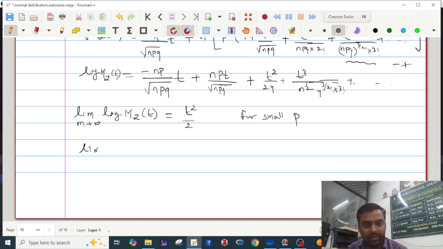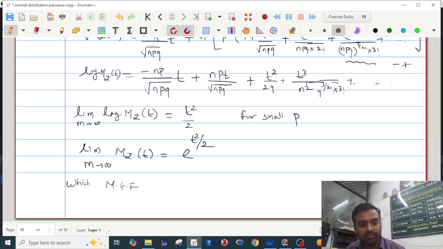limit n tends to infinity, log of mz of t. So if you take the exponential, mz of t is equal to e raised to t square upon 2, which is the mgf of normal 0 comma 1.